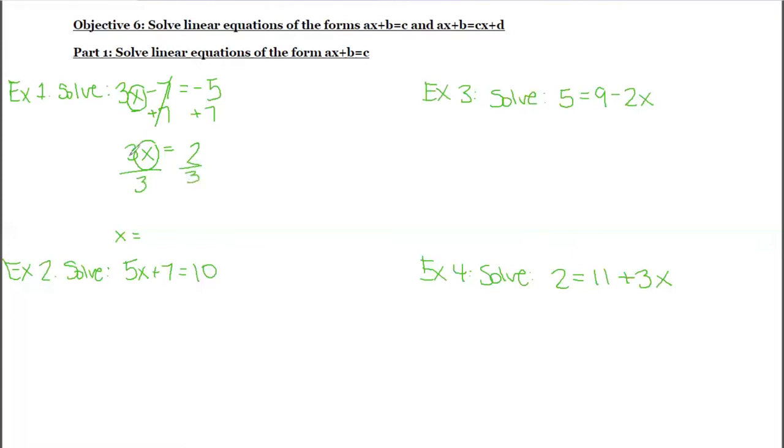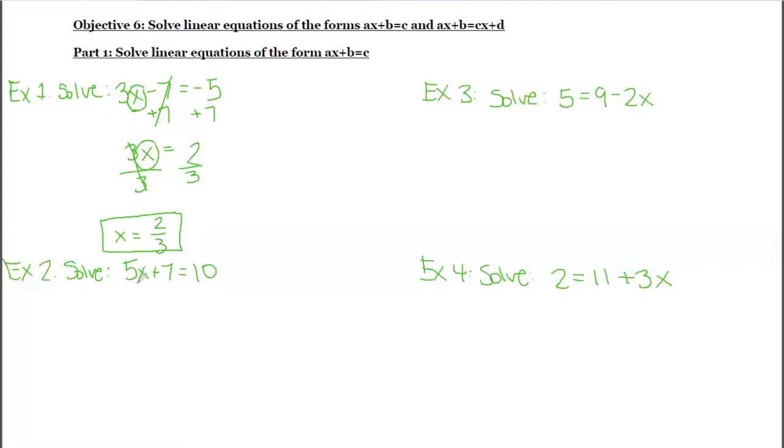Because the 3 is being multiplied, to get rid of it, we divide. 3 over 3 is 1, so we're left with 1x, which we can just say is x. On the right side, we have 2 over 3. We can just leave it as a fraction, and boom, x equals 2/3.